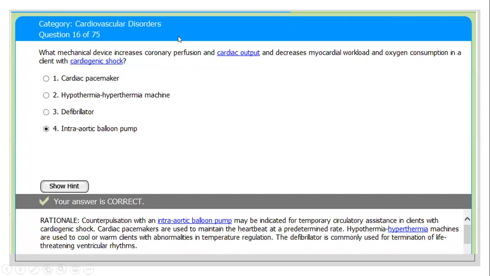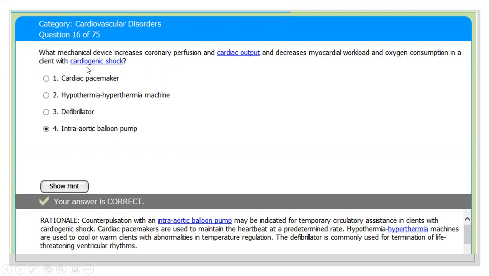Next question here: what mechanical device increases the coronary perfusion and cardiac output, or decreases myocardial workload and oxygen consumption in a client with cardiogenic shock? So what is cardiogenic shock, if you ask me?